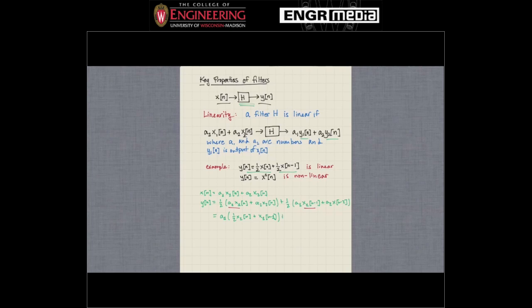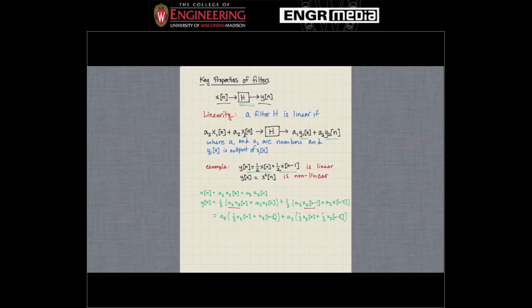And now I have the remaining terms that I have to add. So it's just a2 times 1/2 x2 of n plus 1/2 x2 of n minus 1.